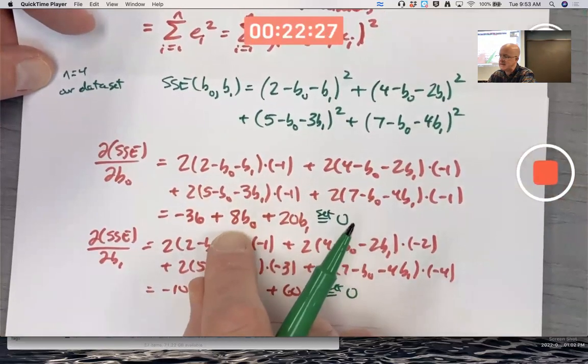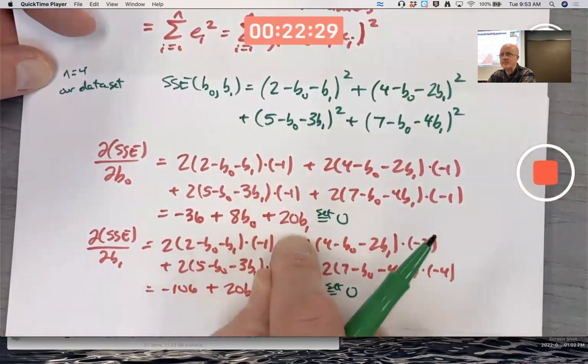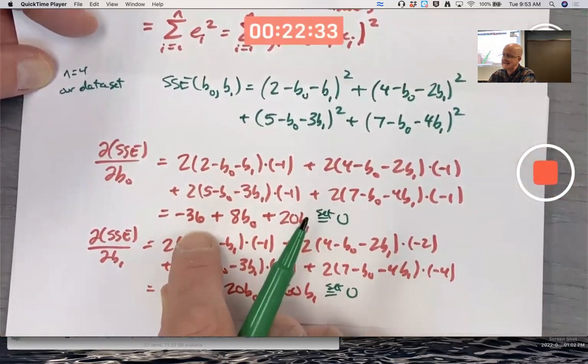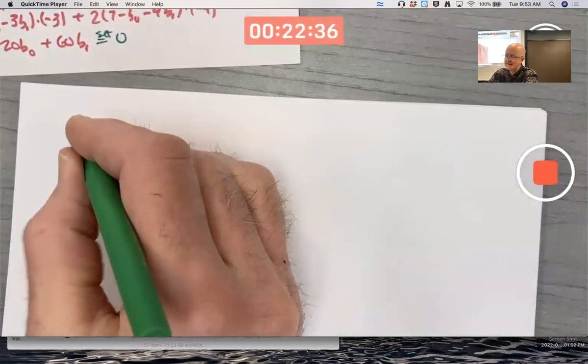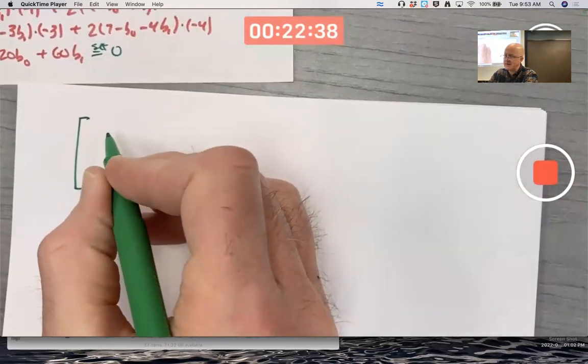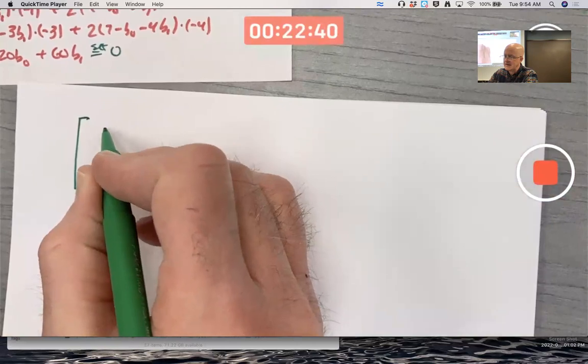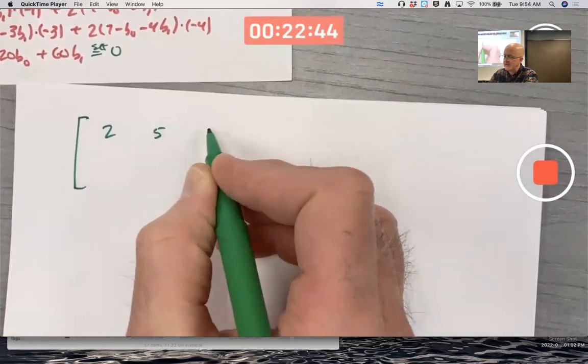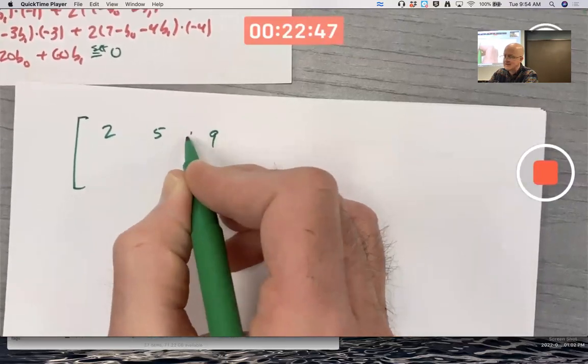So I'll really get 2B0 plus 5B1 will equal, that divided by 4 will be 9. So in my augmented matrix, I'll get a 2, then a 5, then a 9 to the right of the dashed line.